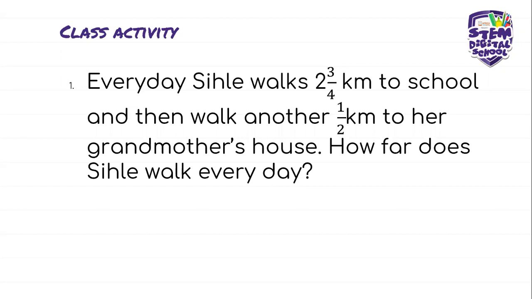I see Cleo already has the answer. And Cleo says 3 1/4. Yes, I agree with you. Cleo, and then Nosipo as well, Nosipo Pungula. You have just added the mixed number with the half, and you found 3 and then 1/4, which is 3 1/4.